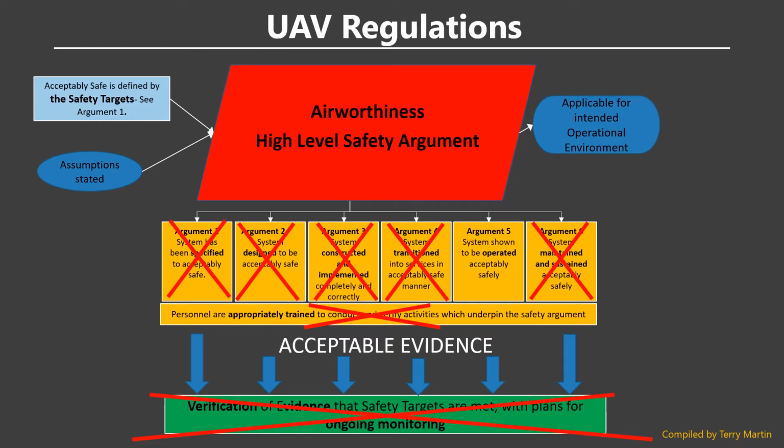And the end result of all of that is that basically most of the approved operations are what I call the visual tether, and occasionally BVLOS by exception, and that's largely because there's uncertainty around how all of those key elements that I mentioned are achieved. The SORA is unique in that it offers to address this by covering off all of those elements considered by the manned community, but in a manner that is commensurate with the risk posed by the operation.